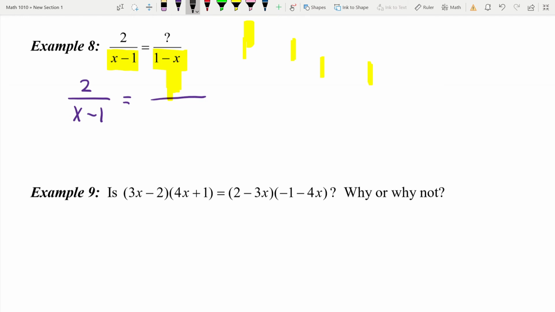You tell me, what do I multiply by a negative to get a positive 2? What's my question mark, everybody? It's got to be a 2, obviously, and it's going to be a negative. Negative times a negative is a positive. So my question mark is a negative 2. Who says gotcha? Up high. Okay, great. Let's see if this will work now.